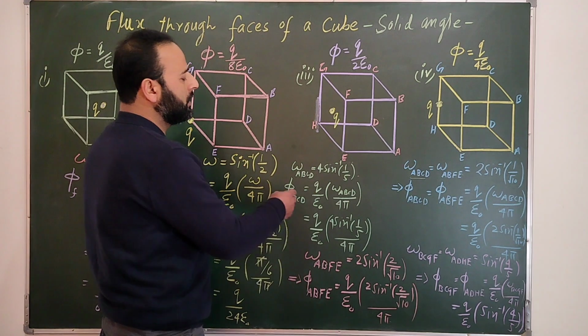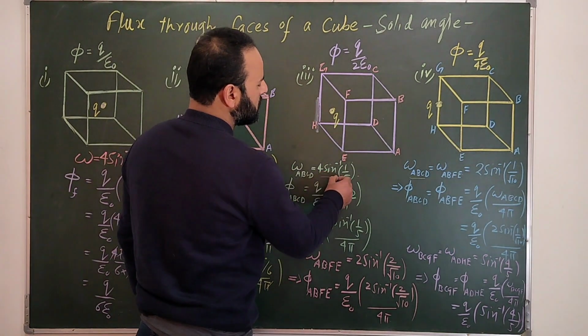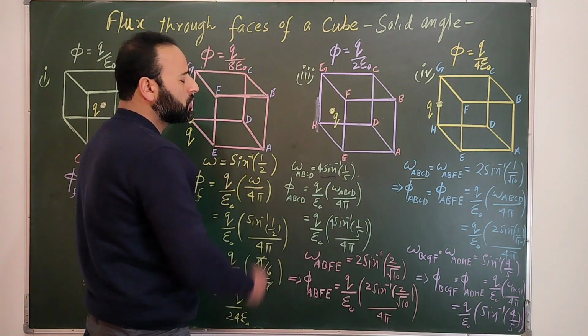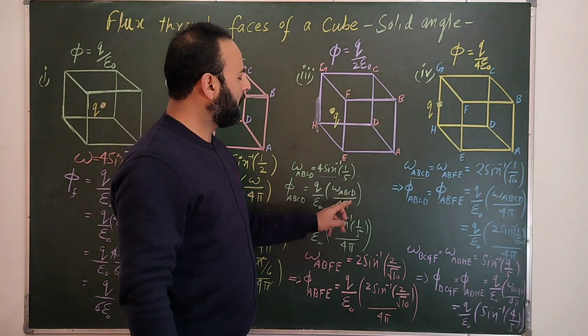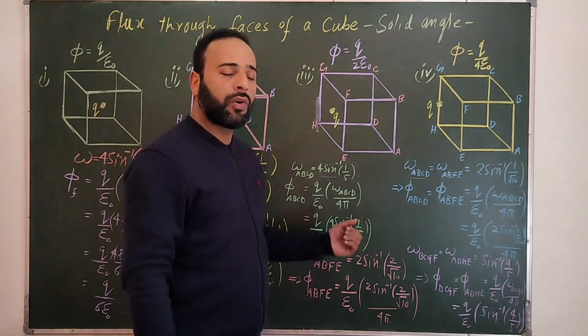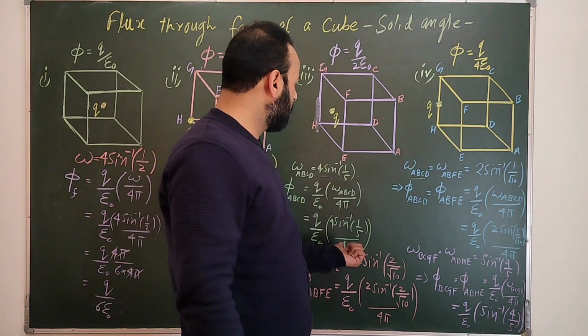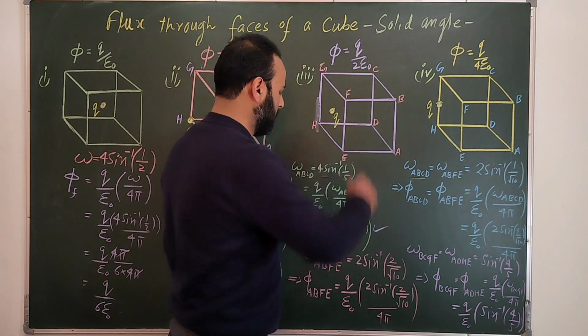So we can write here solid angle subtended by ABCD is 4 sine inverse 1 by 5. So flux through ABCD, that is through this face, is Q by epsilon naught omega ABCD divided by 4 pi. So that is Q by epsilon naught 4 sine inverse 1 by 5 divided by 4 pi, right? So this is the flux through the front face.